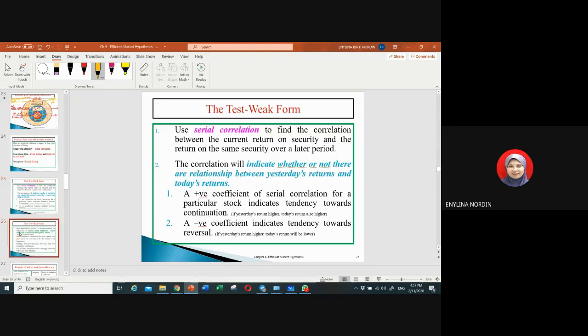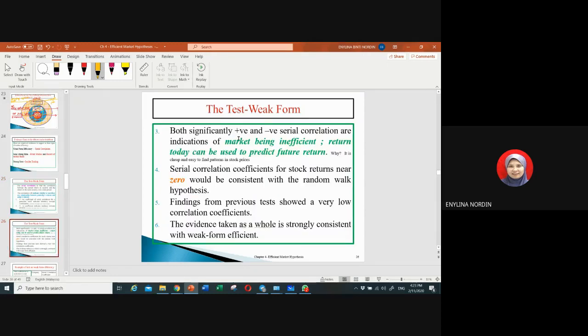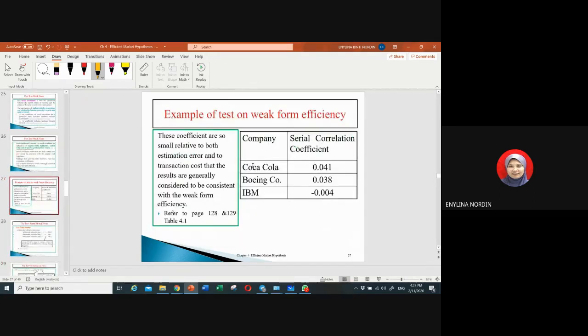A serial correlation coefficient for stocks near zero would be consistent with the random walk hypothesis.